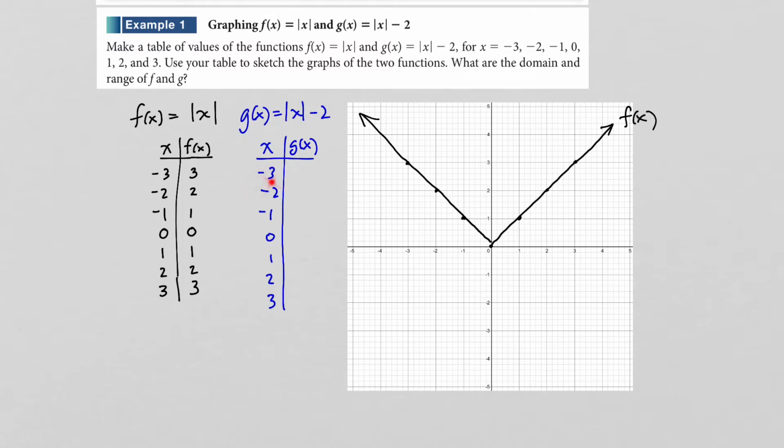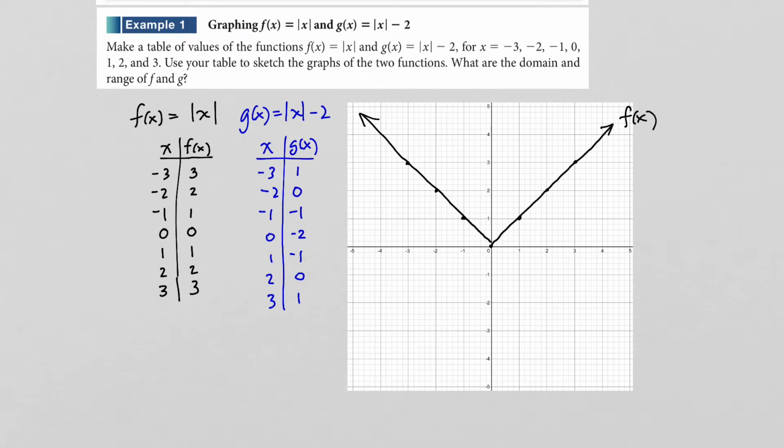So for example, the absolute value of -3 is 3, and 3 take away 2 is 1. The absolute value of -2 is 2, take away 2 is 0. Absolute value of -1 is 1, take away 2 is -1. And the absolute value of 0 is 0, take away 2 is -2. And then when you plug in 1, you get -1. When you plug in 2, you get 0. And when you plug in 3, you get 1.